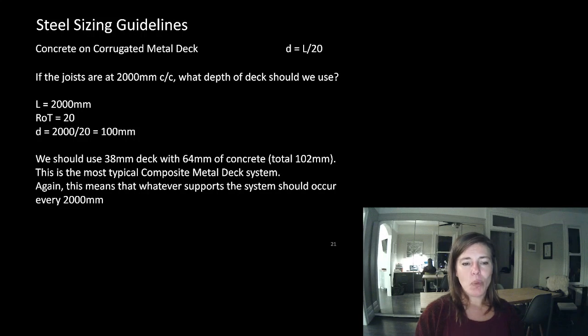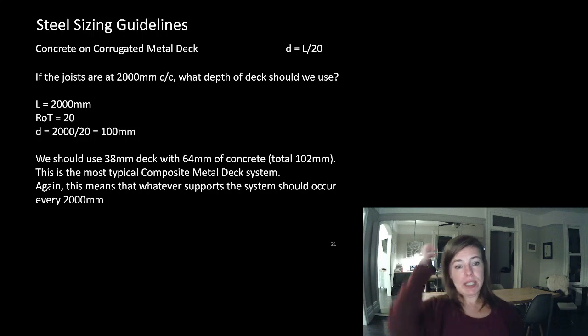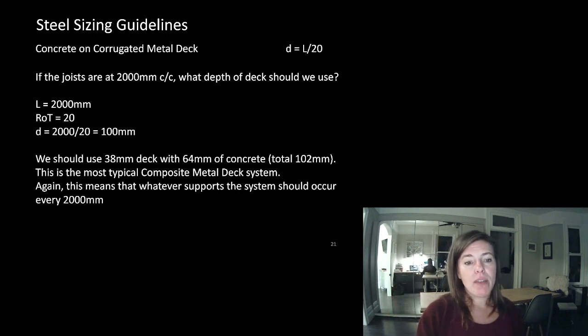Now, when we're in person, somebody always at this point asks me, why can the thing that's 38 millimeters and the thing that's 102 millimeters with the concrete on it span the same distance? Why would we ever use the concrete on metal deck? And this is where knowing that these are in normal applications is useful. If we're talking about concrete on metal deck, it's usually the floor system, which has higher loads than our roof system.